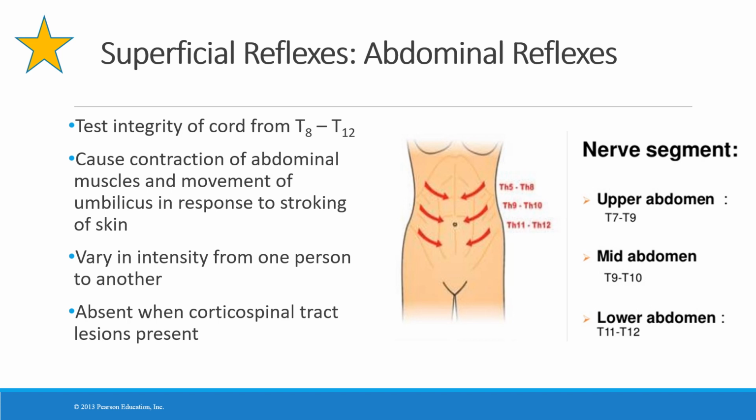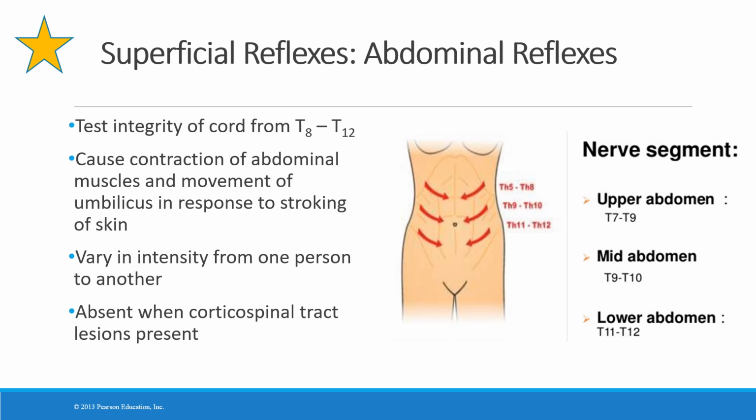They vary in intensity from person to person, are absent when corticospinal lesions are present, or could just be absent. So this is not sending up a red flag whatsoever. I don't even do this one. A positive Babinski sends up a red flag and I'm investigating further, and it would be malpractice if you didn't. I don't do the abdominal reflex because it doesn't give us that high yield of information.